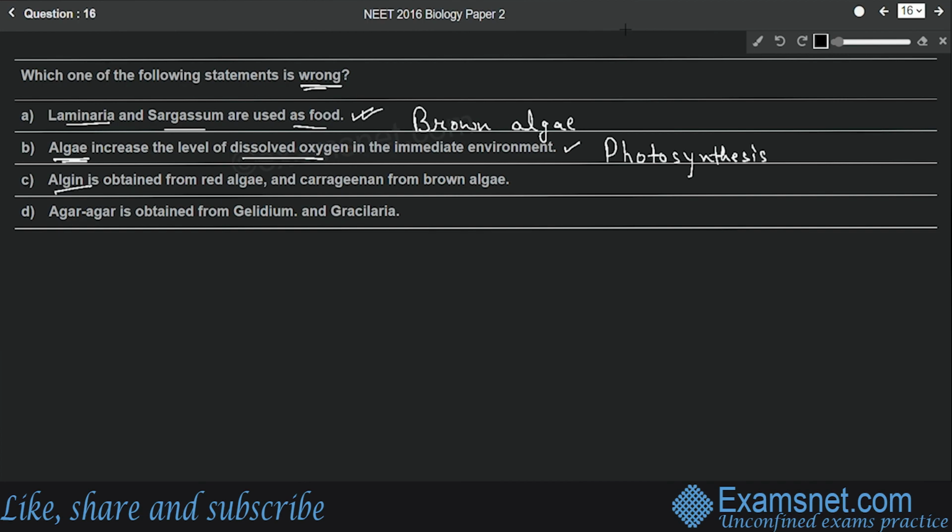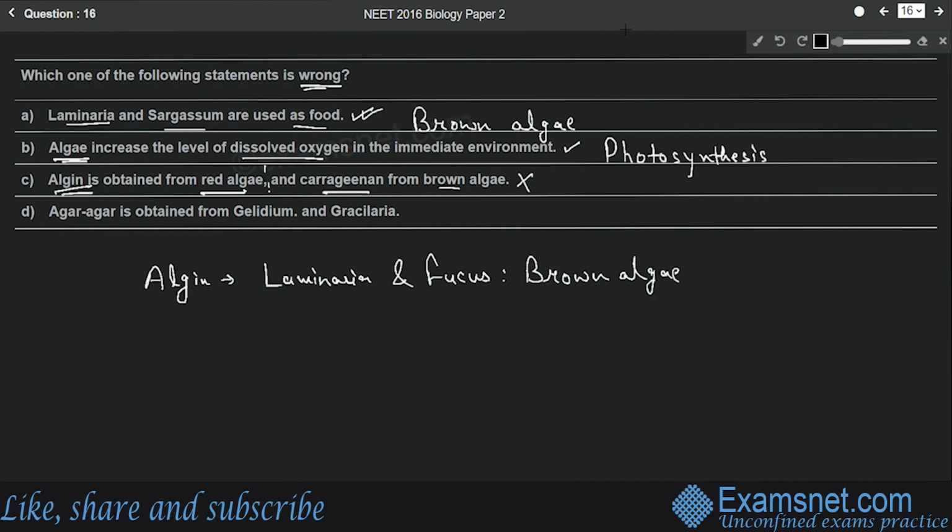The third statement says algin is obtained from red algae, carrageen from brown algae. This is incorrect. Both parts of this statement are incorrect because algin is not obtained from red algae. Algin is obtained from Laminaria and Fucus, and both are examples of brown algae, not red algae.